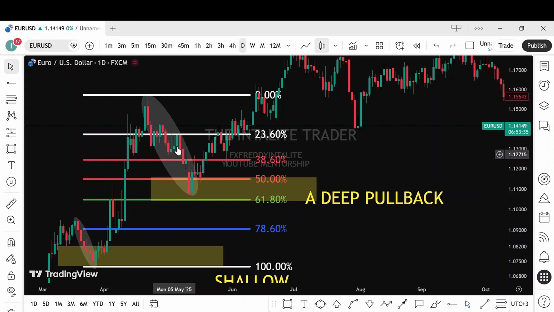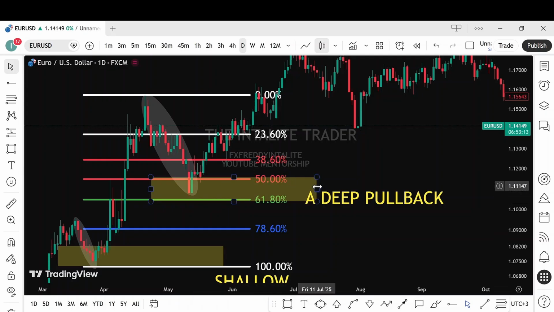In a selling trend, a pullback acts as some sort of short-term sell, so you have more red candles than green candles. So this is a pullback. A pullback does not mean you only have green candles, green candles, green candles.